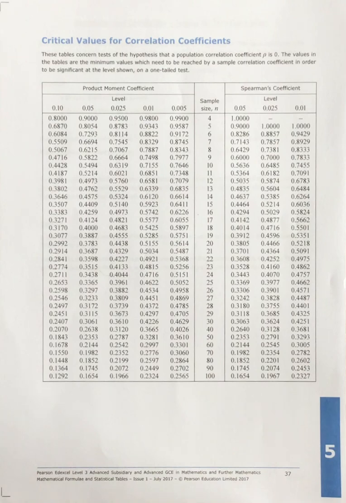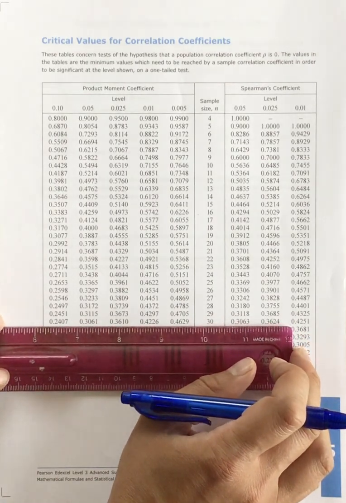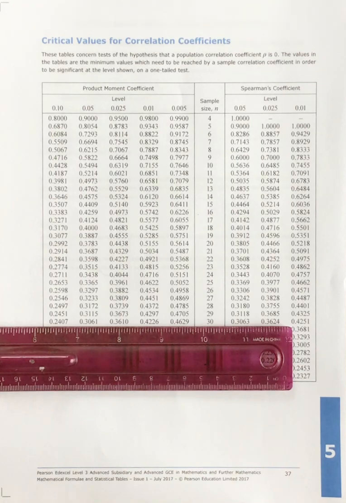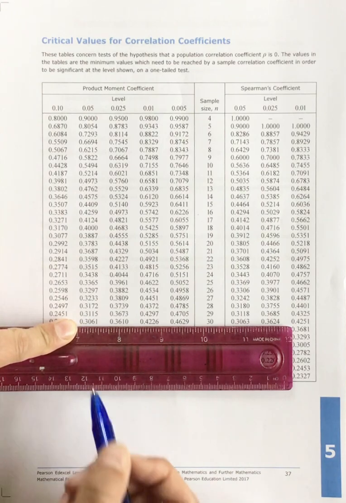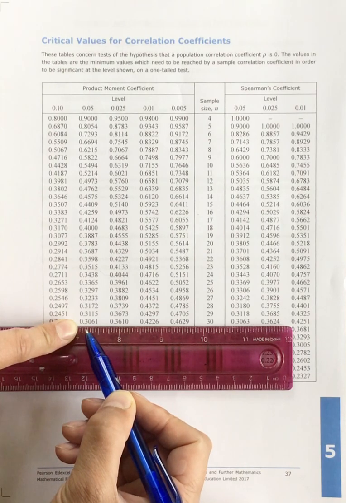If I was working with something that had a negative product moment correlation coefficient, then I would use the same table but with negative values. So if I use a sample size of 30, and let's say that I had calculated my PMCC to be minus 0.3, then if I was working at the 5% confidence level, that would be evidence of 0 correlation because it's less than the critical value.